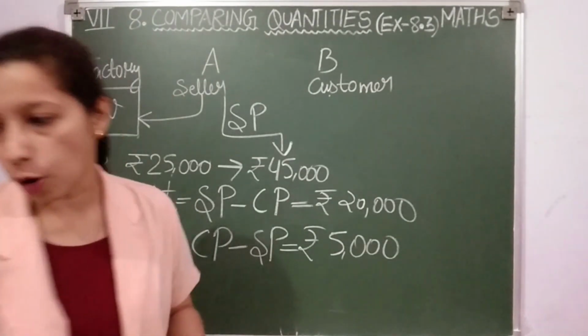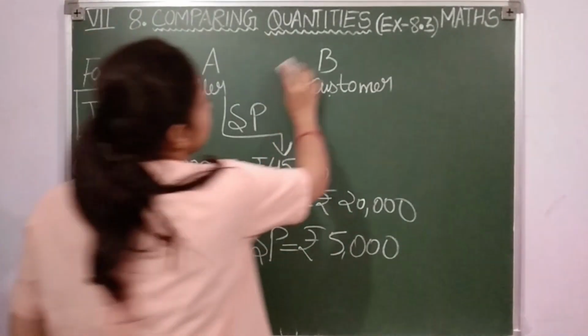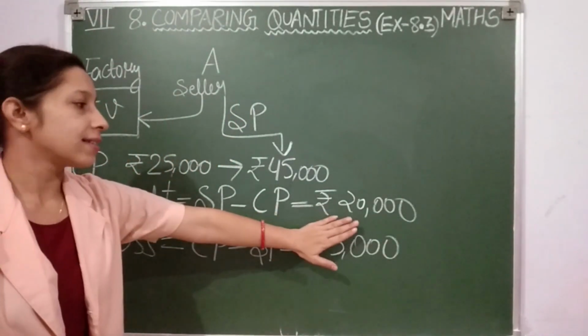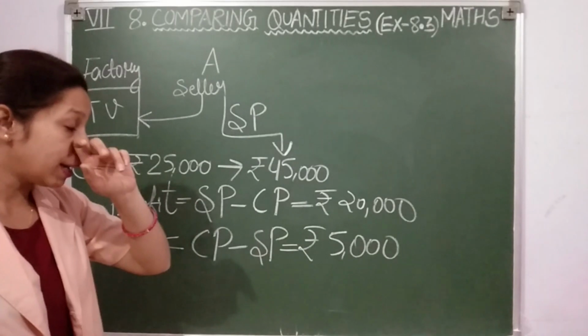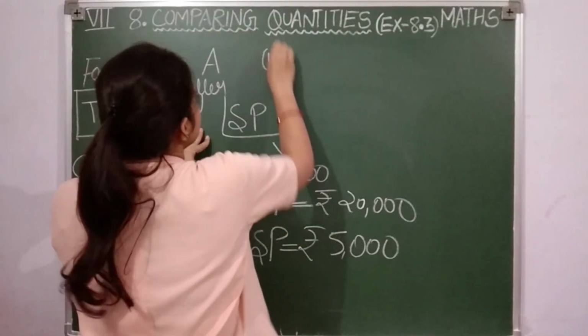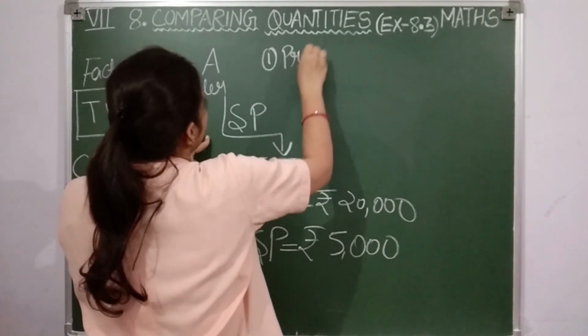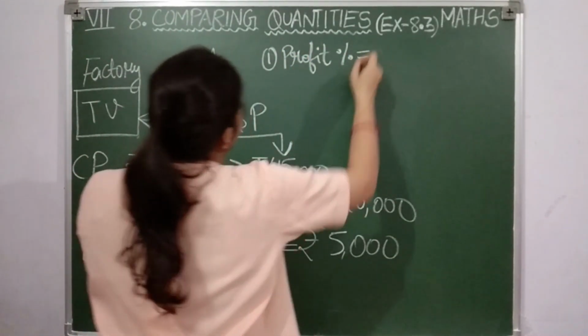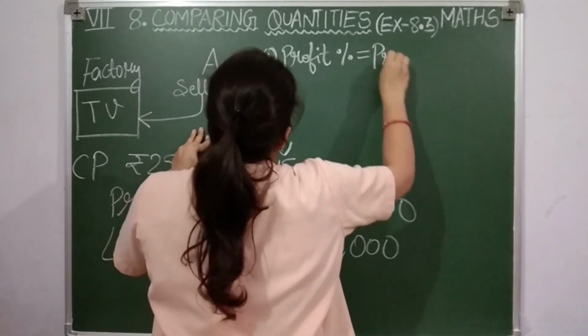Now we will see about profit percentage, students. Now, okay, A got to know that he has earned rupees 20,000 as profit, but now he wants to calculate the profit percentage. So students, let us calculate the profit percentage. To calculate profit percentage, you will have to use this formula.